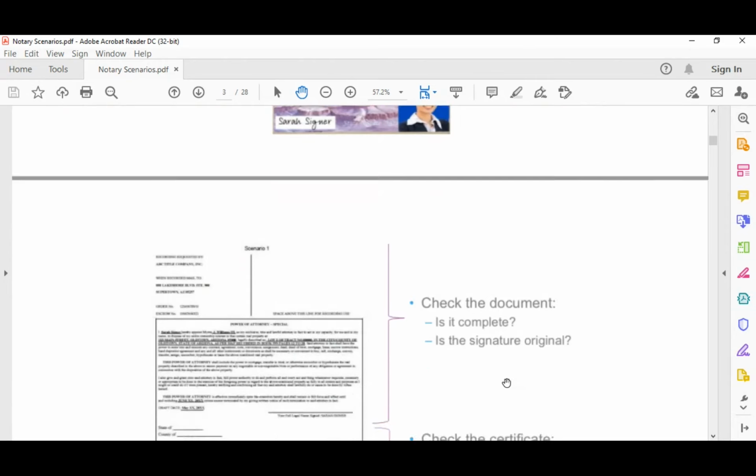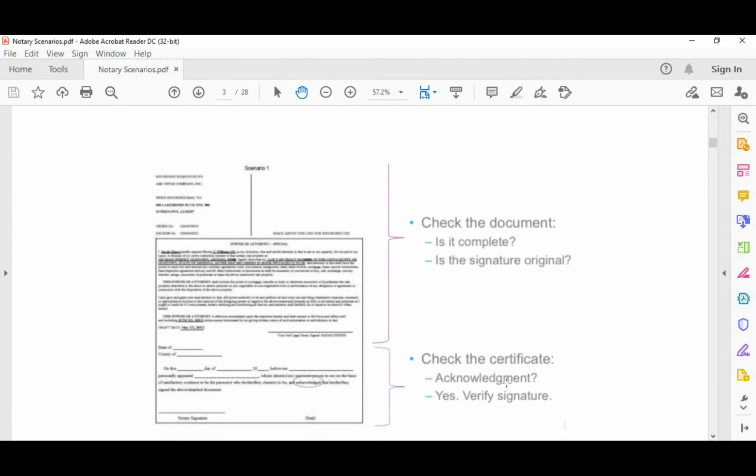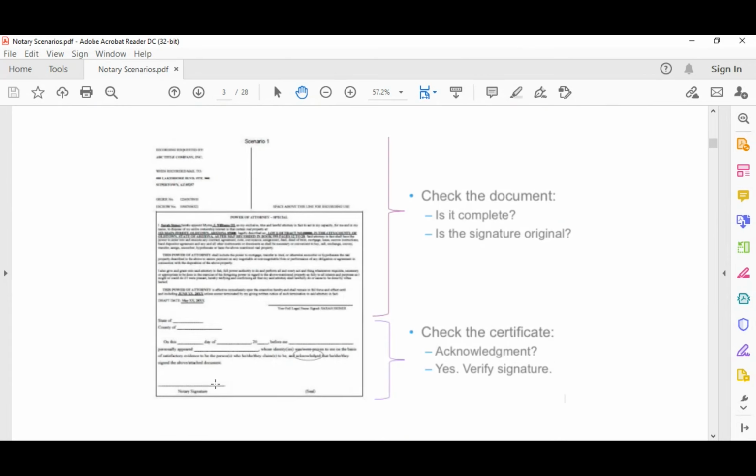Now, the first thing you want to do is check the document. You want to make sure the document is complete. Now, I know this picture is very blurry. It is a screenshot, so bear with me. The document is completed. The signature is not there because she will be signing in your presence. Okay.